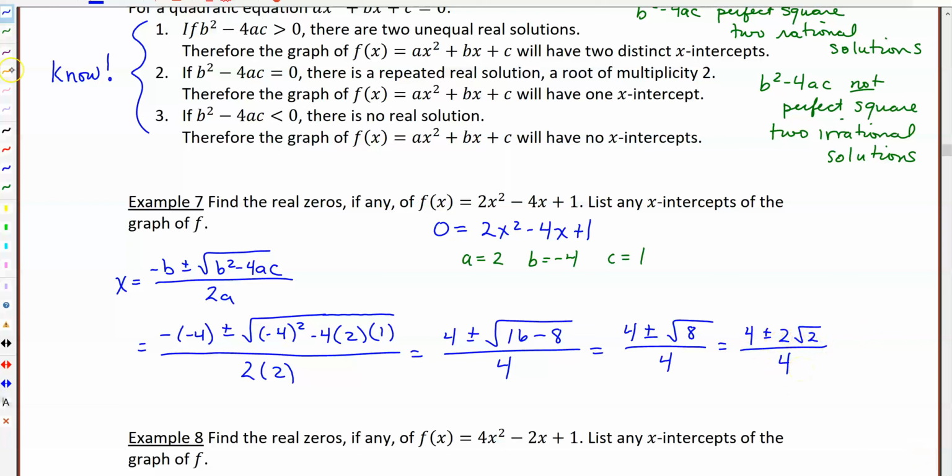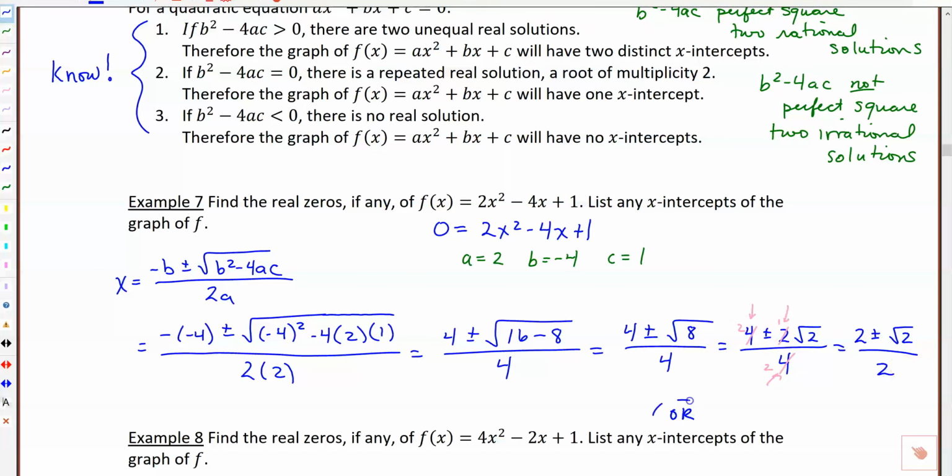And then this can be simplified two different ways of thinking about it. If you can find a number that goes into all three terms, like this triangle, you can divide it out. So 2 goes into all of those: 4 divided by 2 is 2, 2 divided by 2 is 1, and 4 divided by 2 is 2. So that would simplify to 2 plus or minus square root of 2, over 2.